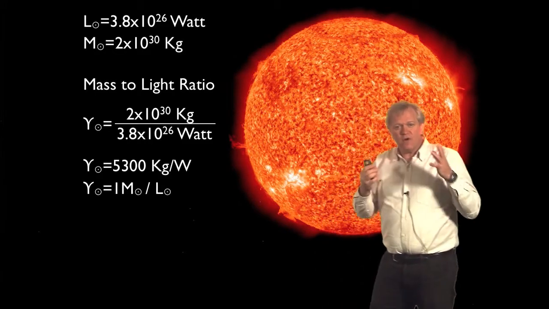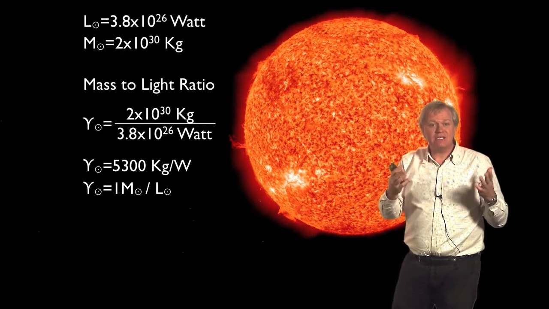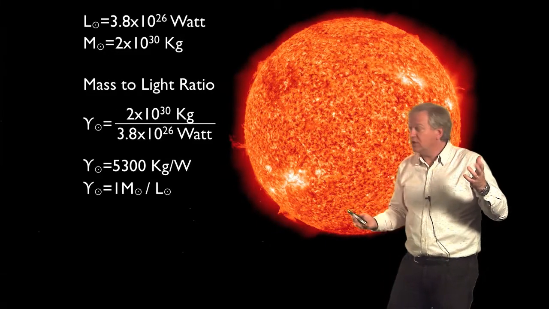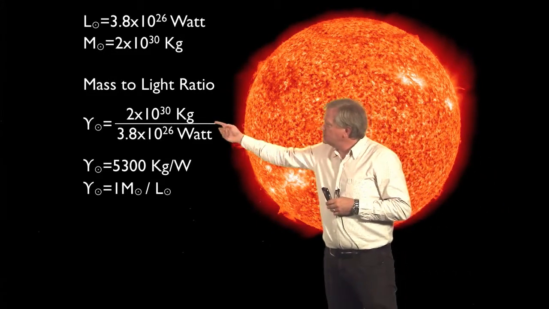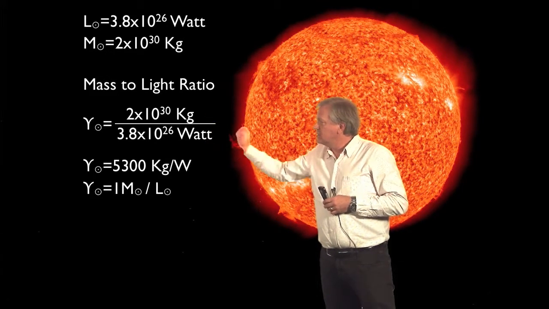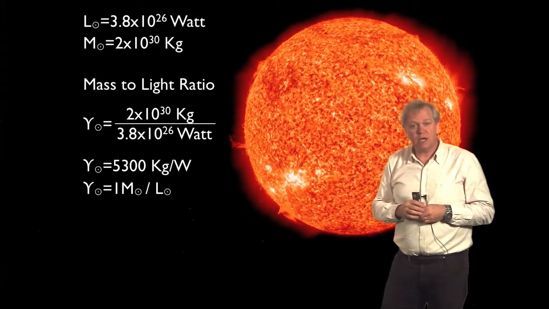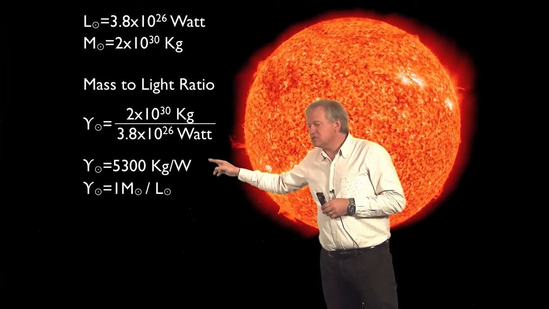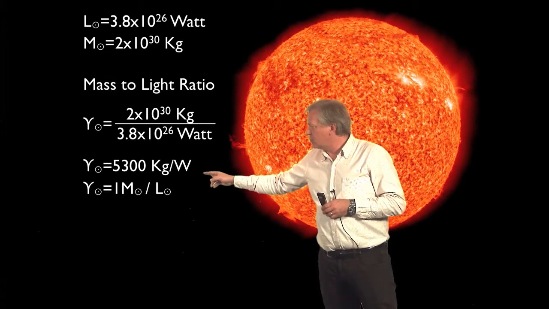And so we can define something which we're going to call the mass to light ratio, which tells you how many kilograms gives you how many watts. So for the sun, that ratio is 2 times 10 to the 30 kilograms divided by 3.8 times 10 to the 26 watts, or about 5,300 kilograms per watt.